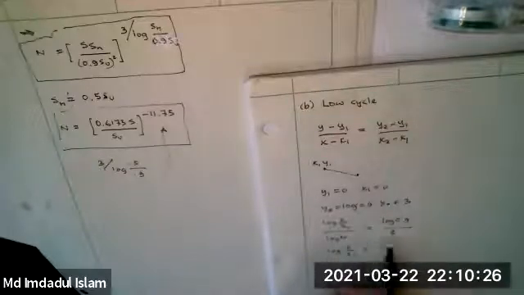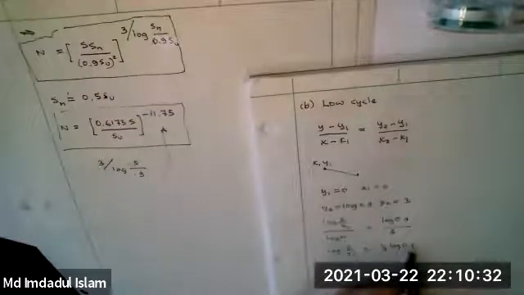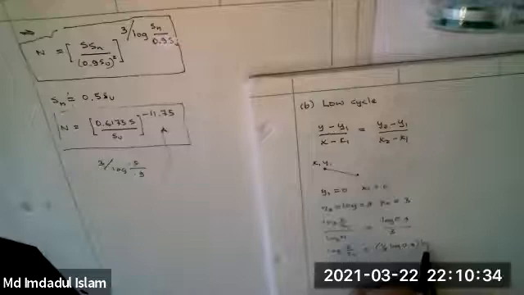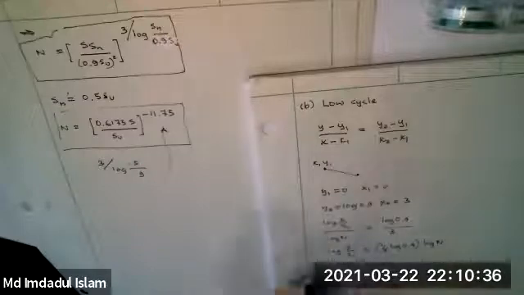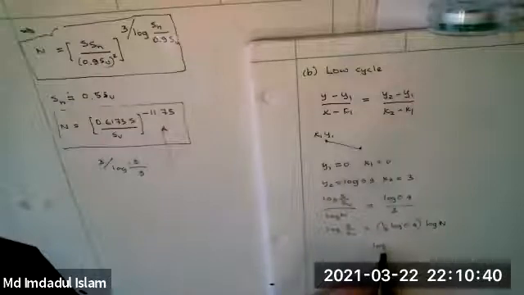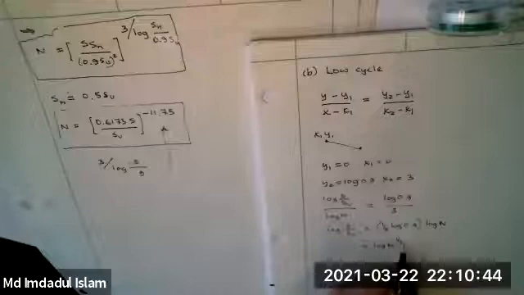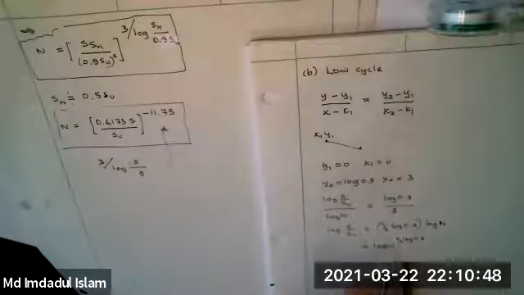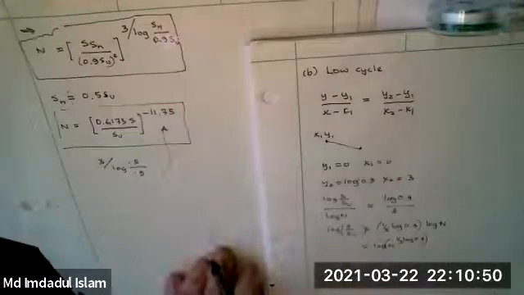It'll be log of N with this thing as a coefficient. So this becomes to the power. Then this thing here must equal this.